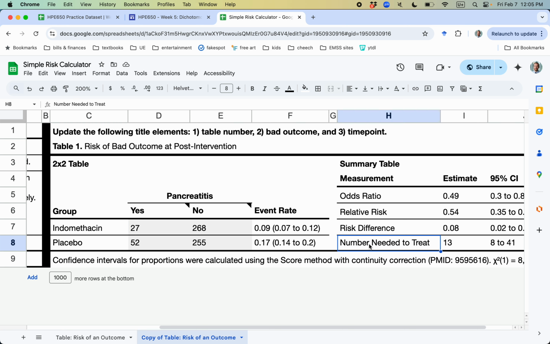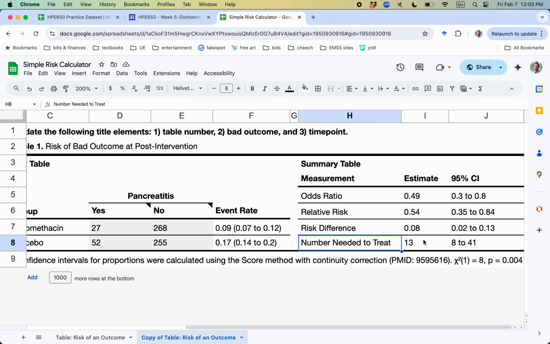It's not the number of people we have to treat with indomethacin to help one person. It's to help one additional person. And that number is 13. Mathematically, how we get that is dividing 1 by my risk difference. So 1 divided by 0.08 rounds up to 13.